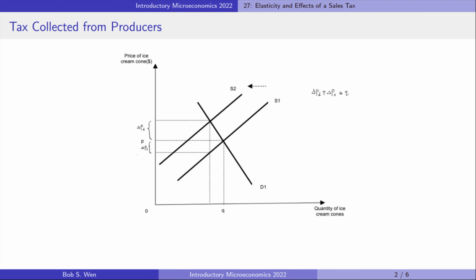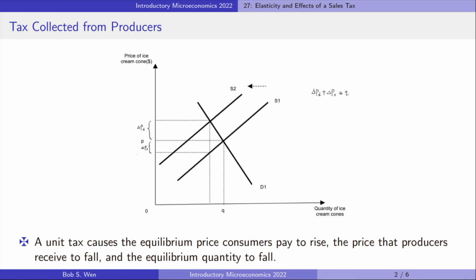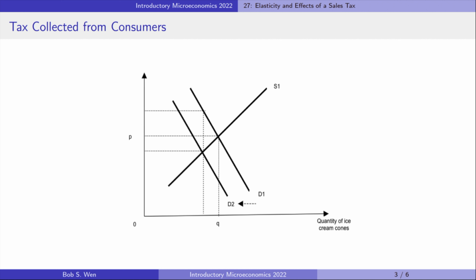The sum of delta PD and delta PS is the tax T. A unit tax causes the equilibrium price consumers pay to rise, the price that producers receive to fall, and the equilibrium quantity to fall. Now suppose the unit tax is collected from the consumers.